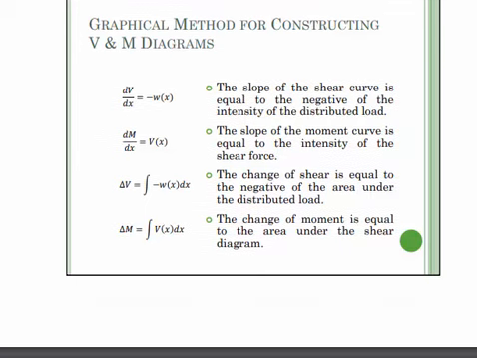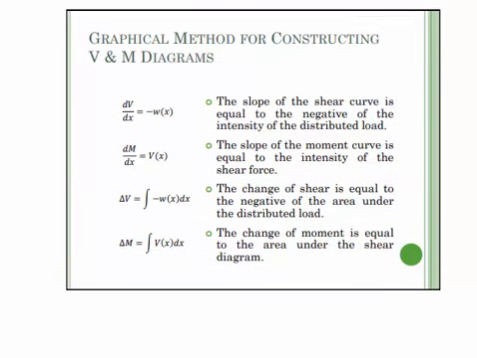It says right there that in order for you to get your shear equation, you have to integrate the distributed load, but the negative distributed load. And that is basically what causes slopes. So a constant distributed load will cause a negative slope.